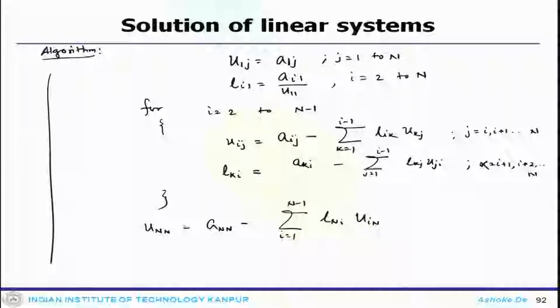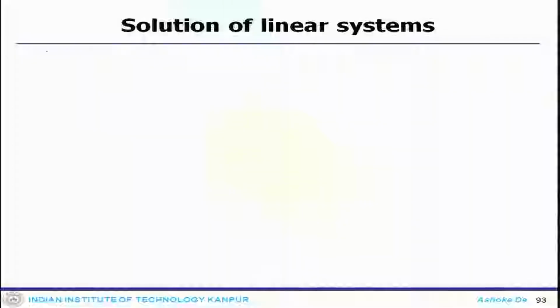Then you obtain A decomposed into two components, lower and upper triangular systems, and once you get that, you have to get the solution. So, the step which is required now is the substitution step.